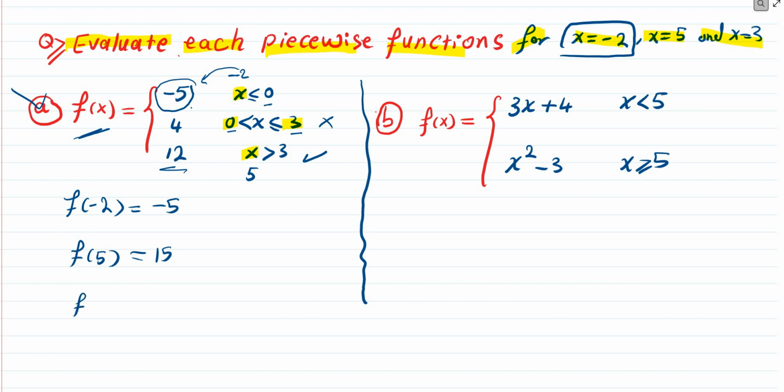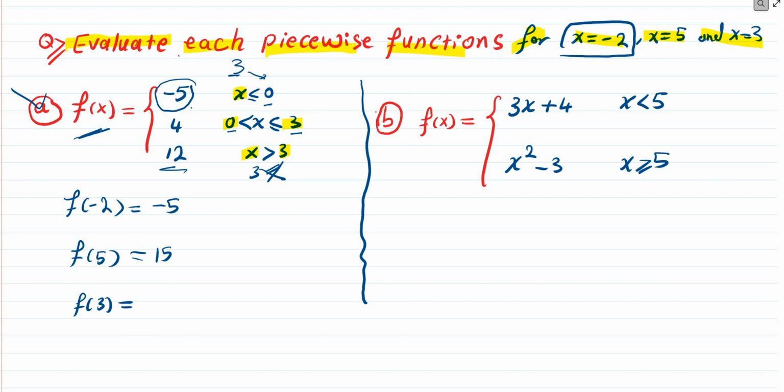Finally, let's find out 3. So f of 3 equals how much? Dear students, for f of 3 we cannot substitute in the third condition. Why not? Because 3 cannot be greater than 3. Also, 3 is not less than 0.